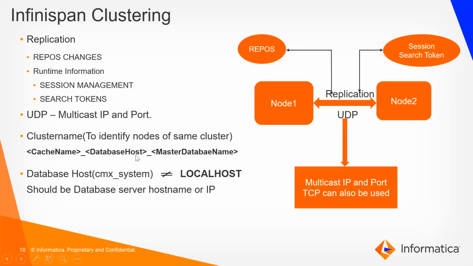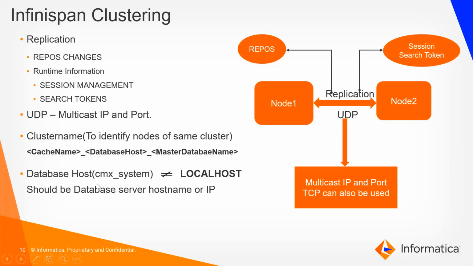The database host is basically under the C_REPOS_DB_RELEASE table under CMX_SYSTEM. Whatever database host is used for the master database, that's what is being used, underscore the master database name, which is CMX_SYSTEM. With this, the cluster name is formed. So all the nodes which have the same name, the changes will be replicated across those nodes.